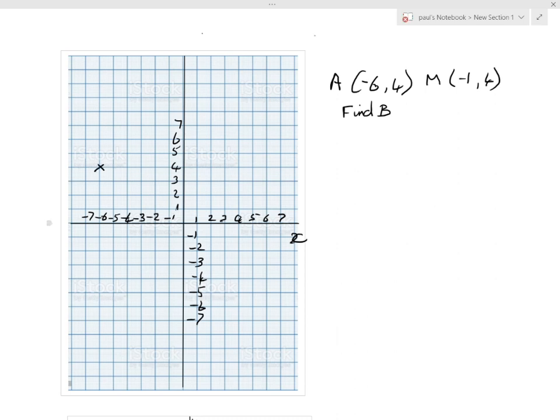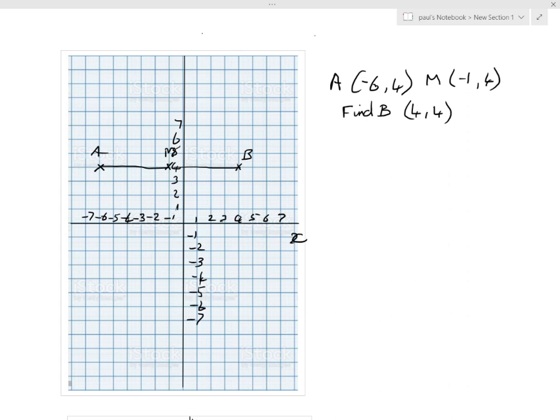The midpoint is minus 1, 4, which is there. So again, it's counting squares because we're horizontal. 1, 2, 3, 4, 5. So we need to go another 5. 1, 2, 3, 4, 5. There. That is going to be B. And the coordinate of B is going to be 4 and 4.